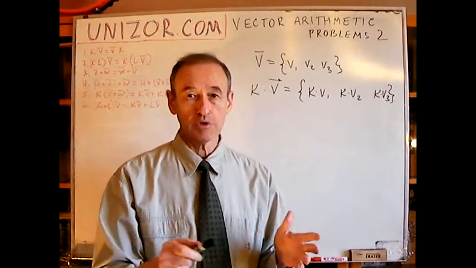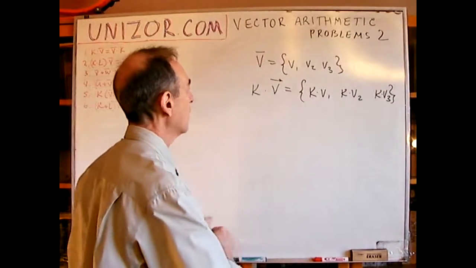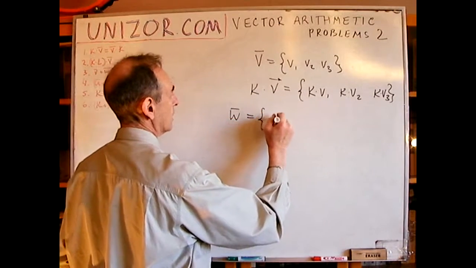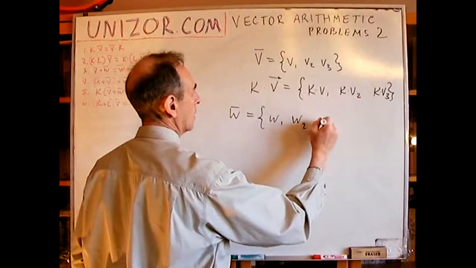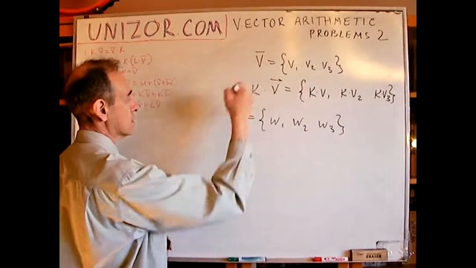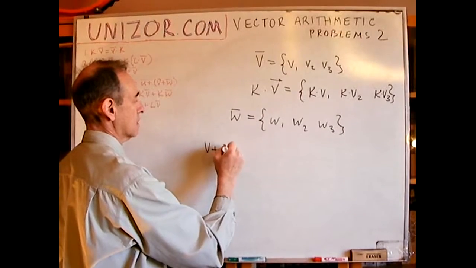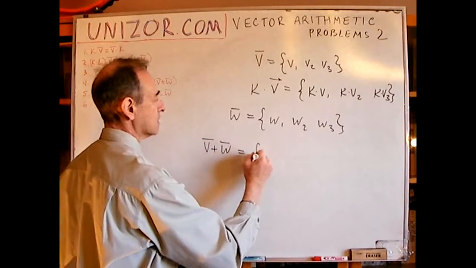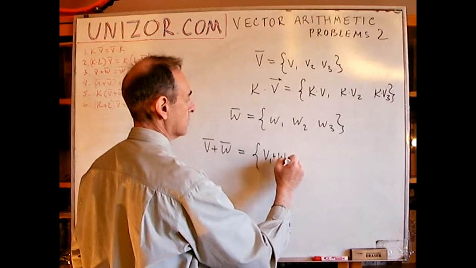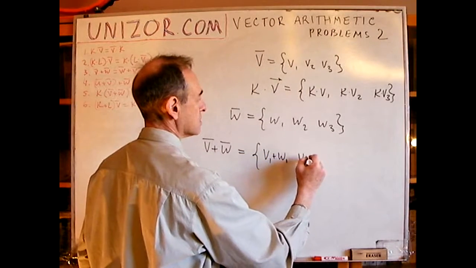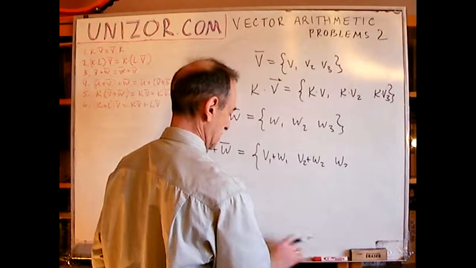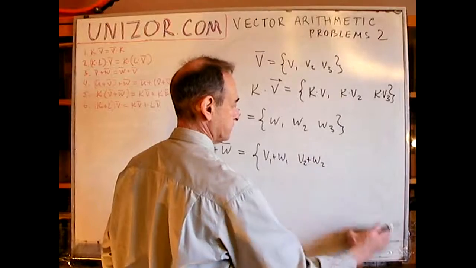That's one thing which we were discussing in the previous lecture. And the second one is about addition. If you have another vector in tuple representation, then the addition of these two vectors has a tuple representation where you add corresponding coordinates to obtain the coordinates of the result.